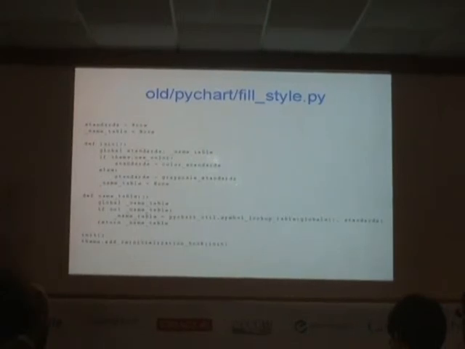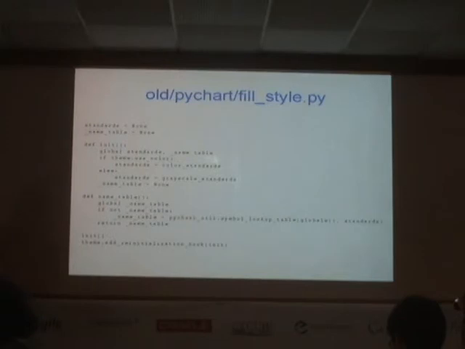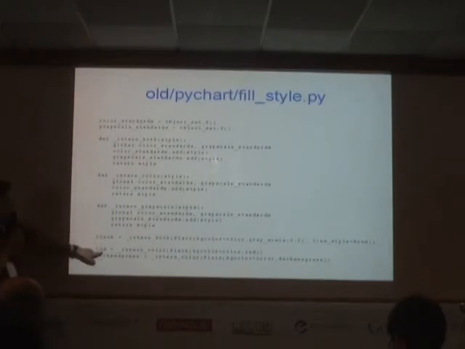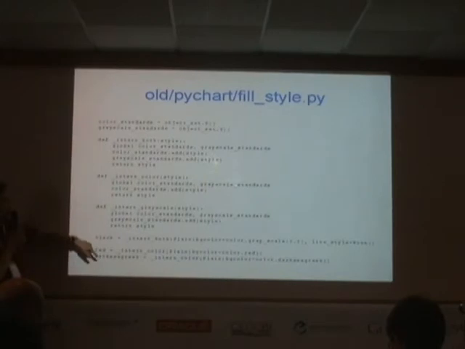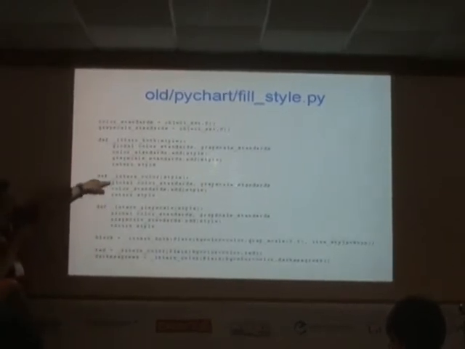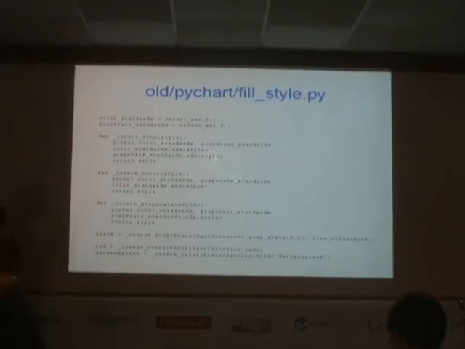And this is quite messy code. We also had examples of all the colors which were set up like this, and then we ran functions in order to generate the colors.